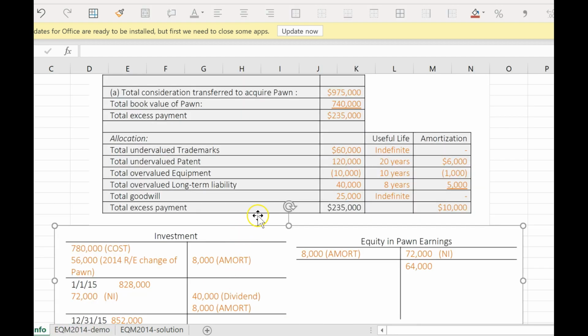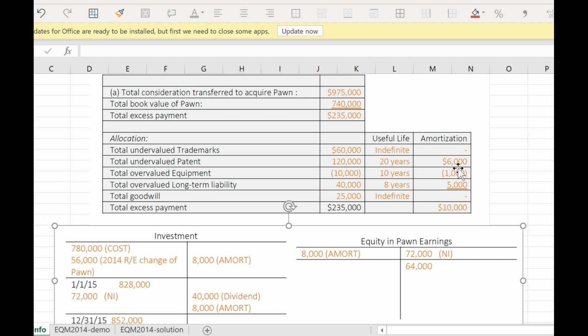We go back to our allocation table, look at any amortization of the fair value excess that would be associated with amortization expense. Now, patent is an intangible asset, so it's associated with amortization expense. This is a fixed asset, so it's associated with the depreciation expense. Long-term liability would be associated with the interest expense. So there's an undervalued patent, which means the subsidiary takes amortization based on the book value of their patent, which is too small.